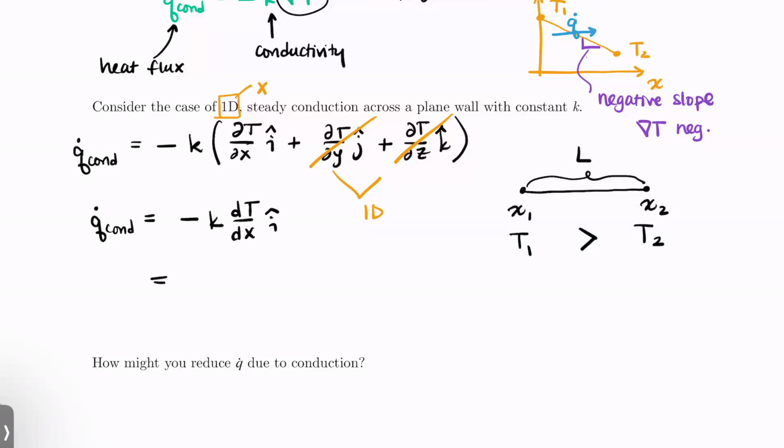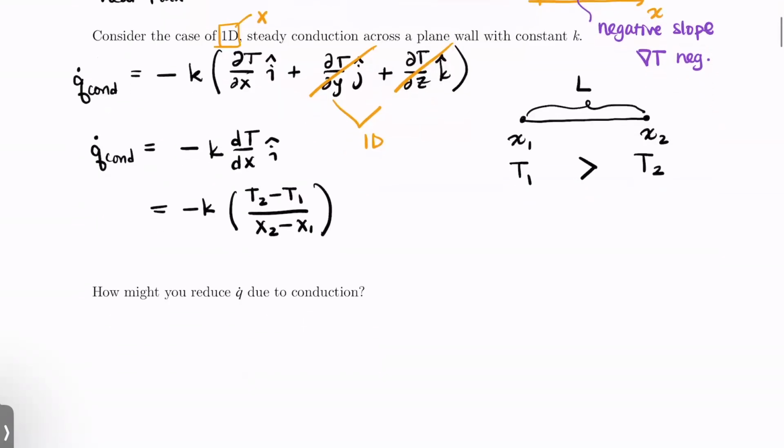I can calculate this gradient, this slope, with the information that I'm given: T2 minus T1 divided by X2 minus X1. That's just the slope. And so this gives us minus K delta T over L, and this delta T is referred to as the temperature drop.